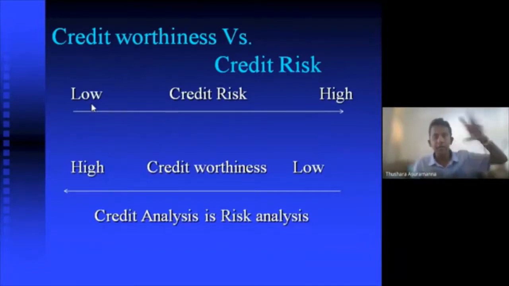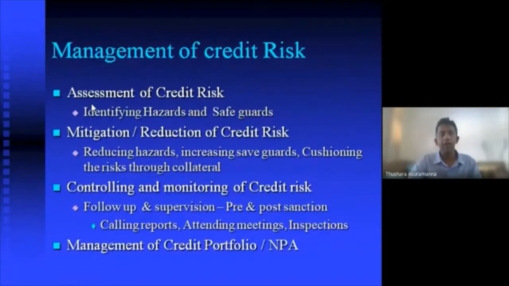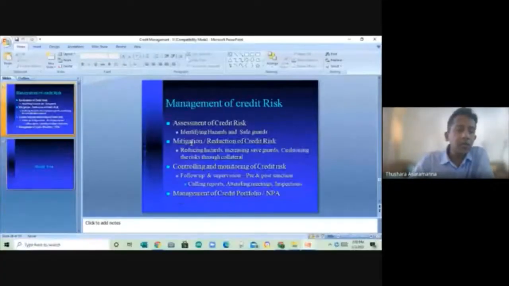In every model we have learned, what we want to do is first assess the credit worthiness, and in assessing the credit worthiness, minimize the credit risk attached to it. Then only will we end up with a successful credit transaction. Right. Then the important part is the management of credit risk.